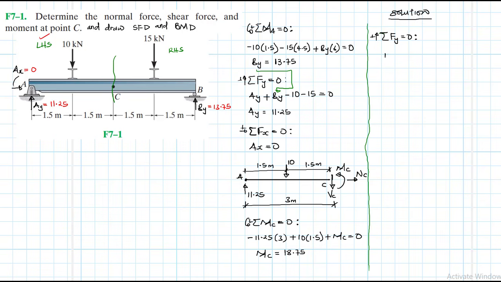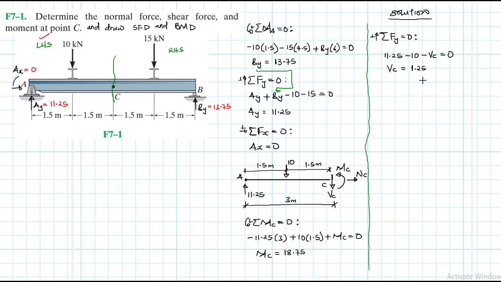Then we have 11.25 as positive minus 10 minus VC equal to 0, and therefore our VC is just going to be equal to 11.25 minus 10. Our VC is equal to 1.25.